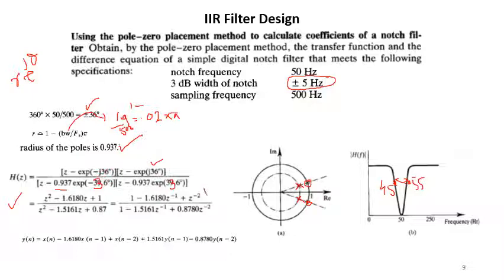So that is the system function for the required filter. This can also be represented in terms of a difference equation. So simply you just say this is equal to Y of z divided by X of z.